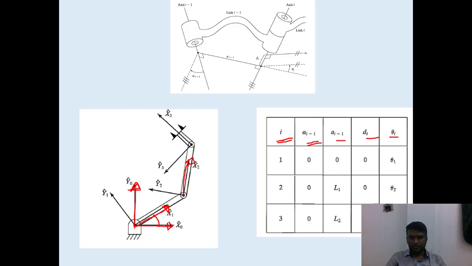Now i is 1 to 3. We have three frames here. What is alpha i minus 1? When you see here, alpha i minus 1 is the twist of the joint axis.